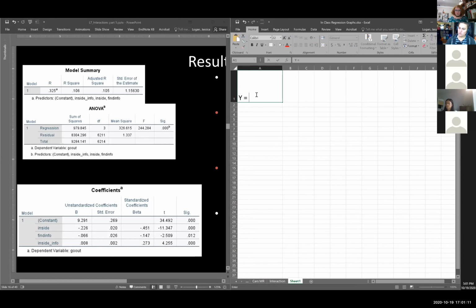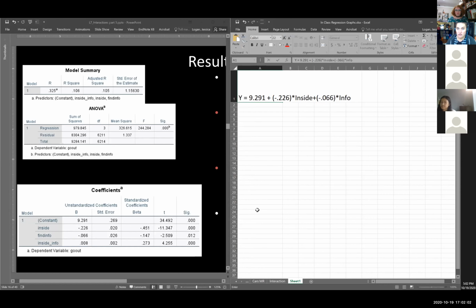So y is going to be equal to 9.291 plus negative 0.226 times inside, plus negative 0.066 times info.